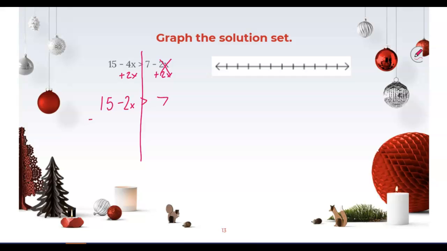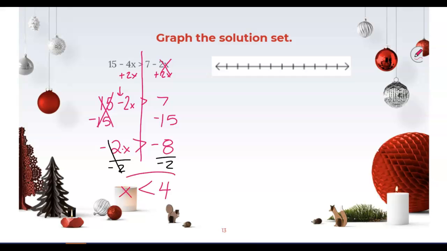And now the x is on the left side, so we need to undo a positive 15 by subtracting 15. I'm left with that negative 2x, be careful, is greater than negative 8. And I'm going to undo multiplication with division. We're going to divide by negative 2.